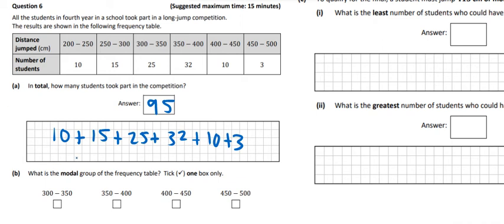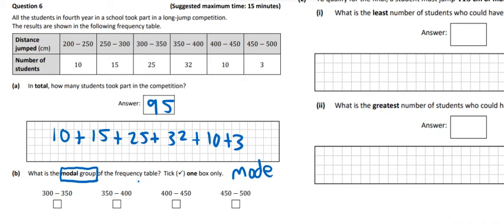Part B then, what is the modal group of the frequency table? Modal sounds like mode, and that's basically what they're asking us here. They're asking which group was the most common, which group happened the most.